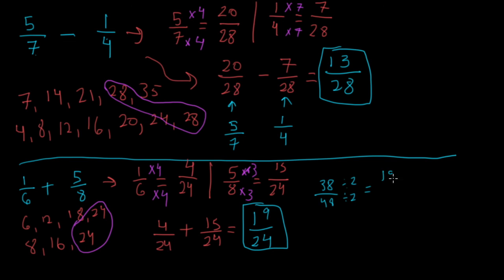So then that would give you 19 out of 24. Okay, it's just an extra step and it's not necessarily needed, and it's good to be consistent in the way you do it. Again, one last time, all we did here was we made 1/6 into 4 out of 24, and we made 5/8 into 15 out of 24, and that gave us 19/24 as our final answer.